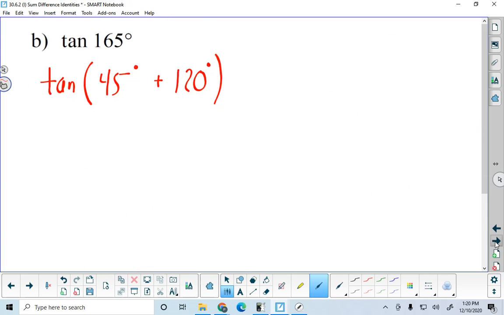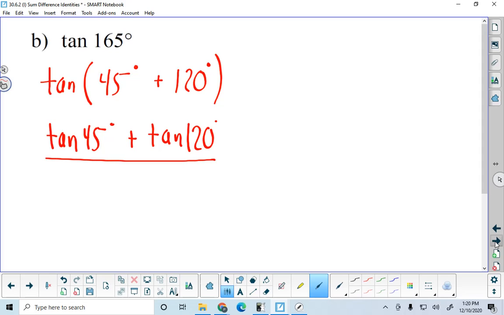So this will be tan of 45 plus tan of 120 over 1 minus tan of 45 multiplied by tan of 120.